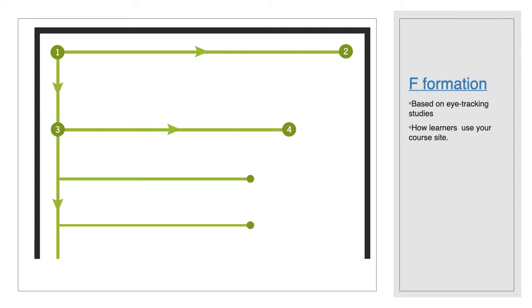Research on eye tracking tells us that online readers look at images, graphics, audio, video, etc. first for content, then scan the text. We read in spurts in the F formation. And if you want to learn more, select the text F formation for a link to a helpful website.